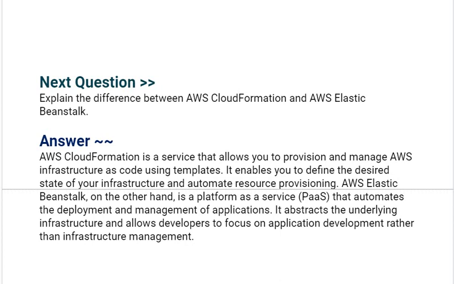It enables you to define the desired state of your infrastructure and automate resource provisioning. AWS Elastic Beanstalk, on the other hand, is a platform as a service (PaaS) that automates the deployment and management of applications. It abstracts the underlying infrastructure and allows developers to focus on application development rather than infrastructure management.